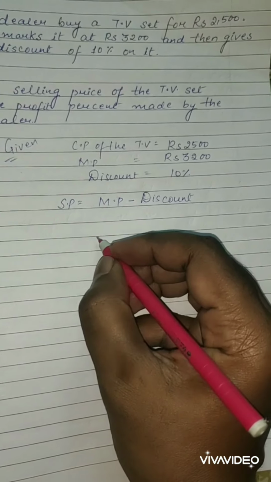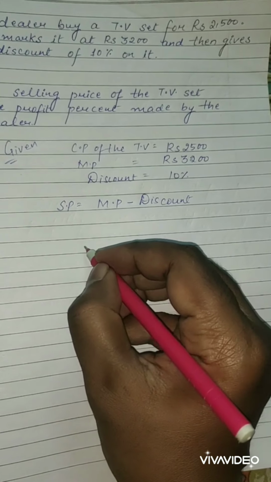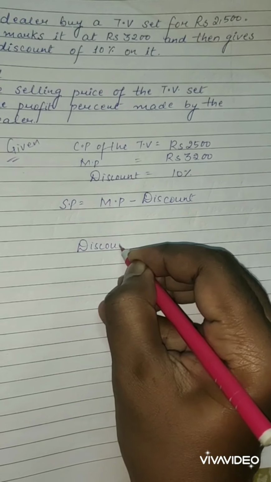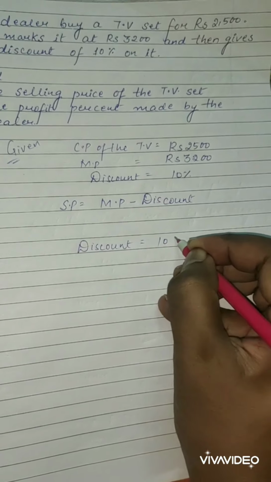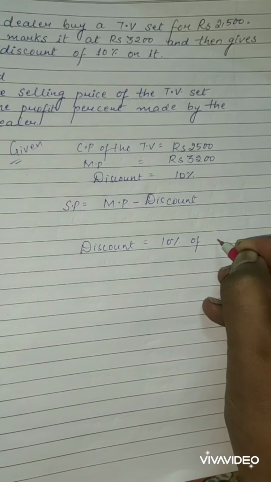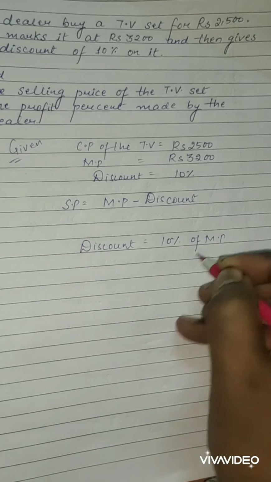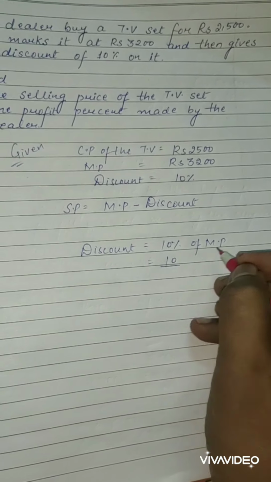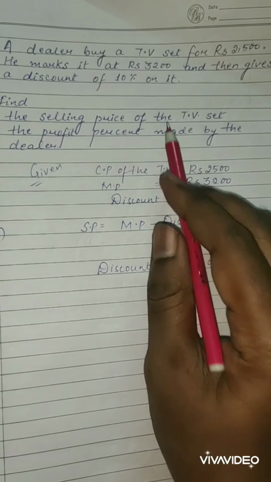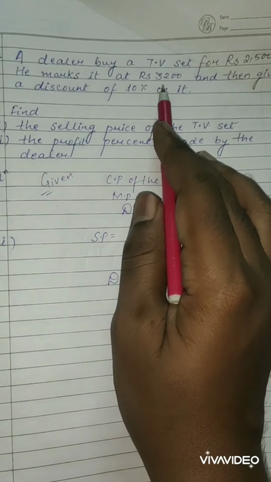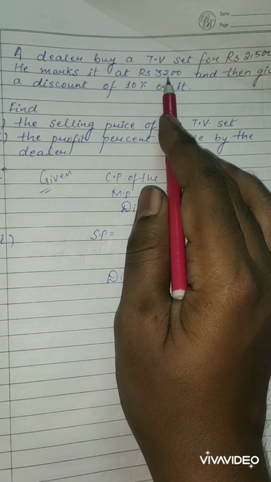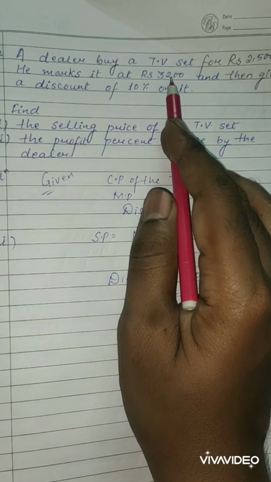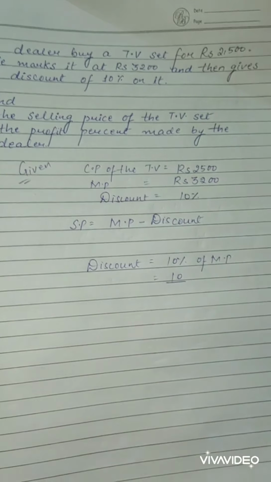So first we will take out what the discount is. So discount is equal to 10% of mark price. Clear? So why 10% on mark price? Because the discount is given on the mark price. The shopkeeper is giving the discount on the mark price as it is mentioned.